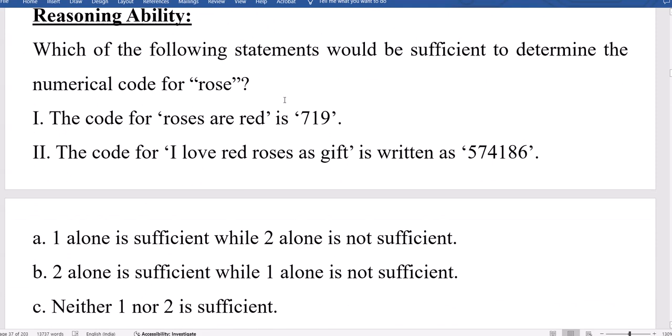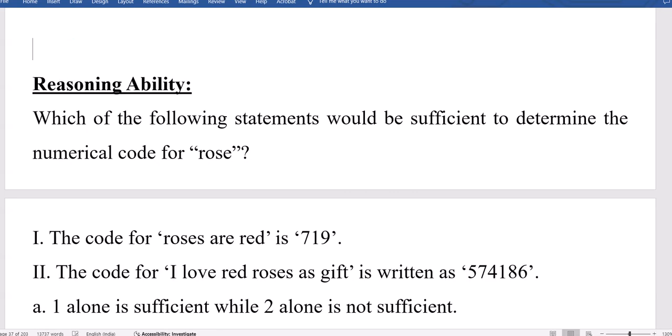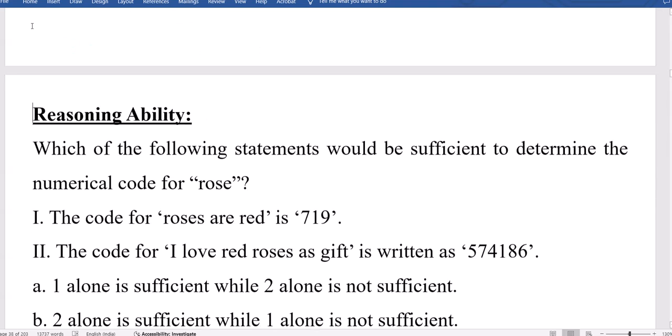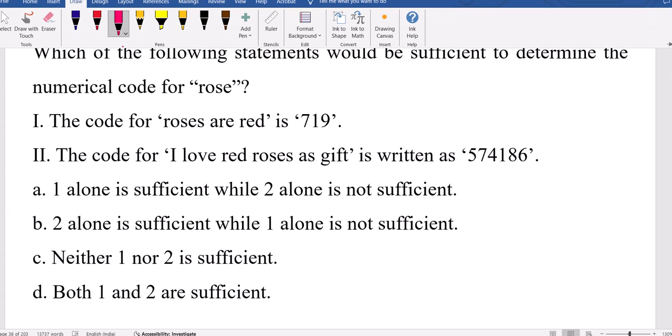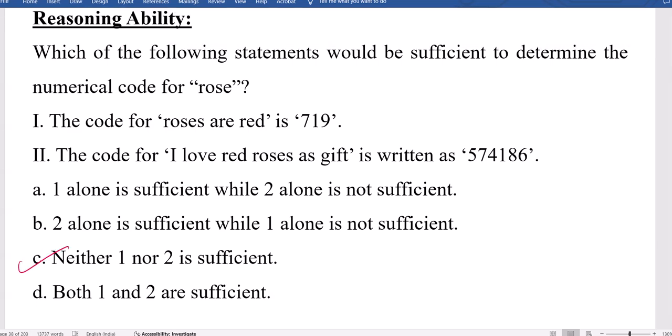Data sufficiency. I want to know the code for rows. Answer: neither one nor two. Why? Statement one alone is not possible, sir.